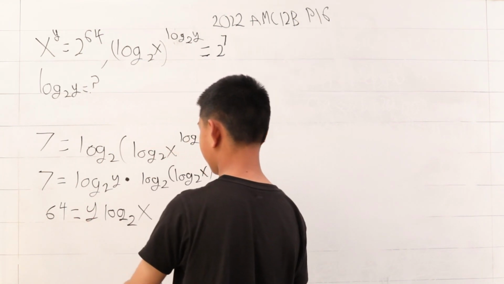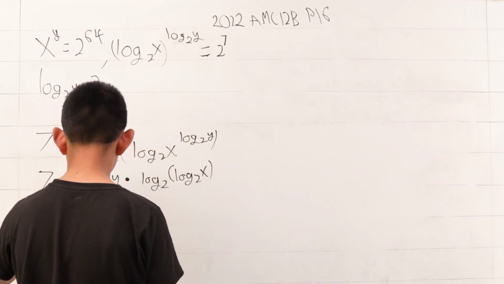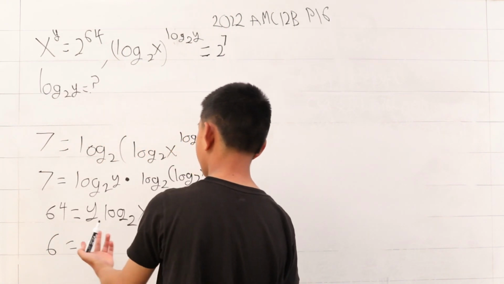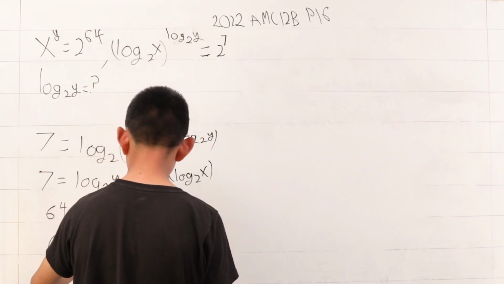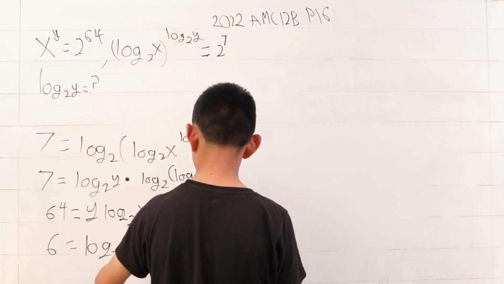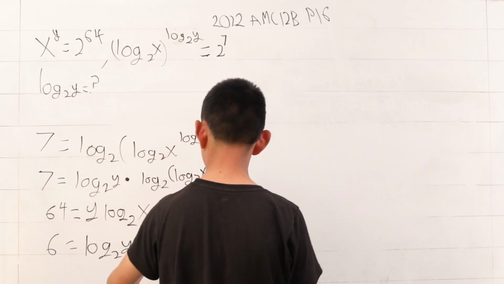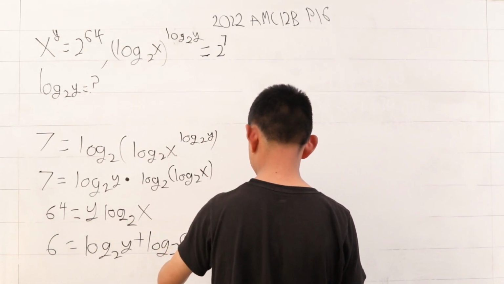So we can rewrite this as a logarithm. So 6 is equal to log base 2 of y plus log base 2 of log base 2 of x.